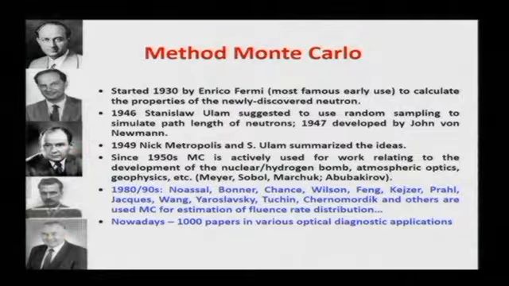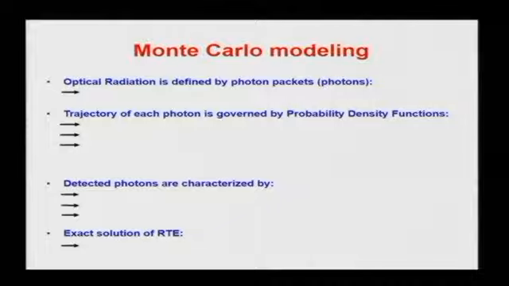Okay, and just briefly about the key stages. Again, Monte Carlo is a total analogy of the radiative transfer equation, the standard technique. First, we define the optical radiation as photon packets. Why photon packets?